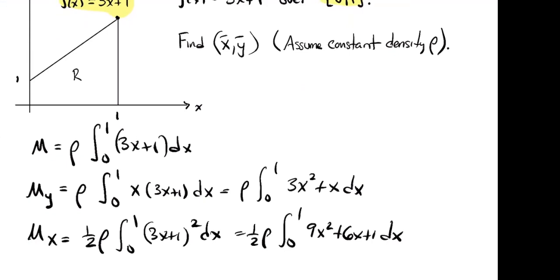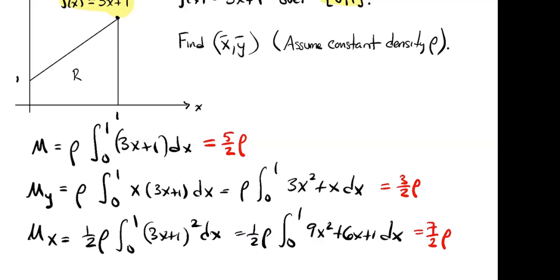I'm going to try to read my notes carefully here so I don't write them down wrong, and I'll write them in a distinct color. The first one, the mass, should be 5/2 rho. The moment about the y-axis should be 3/2 rho. And the last one, the moment about the x-axis, should be 7/2 rho. If I can read my own handwriting.